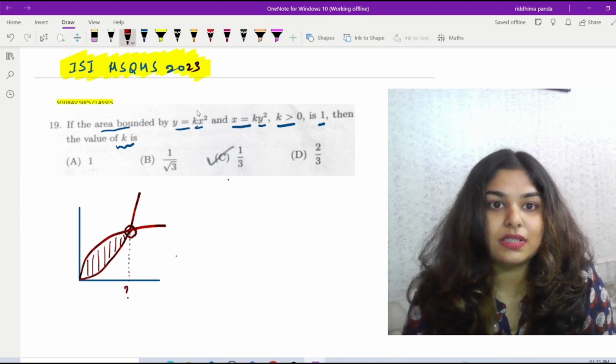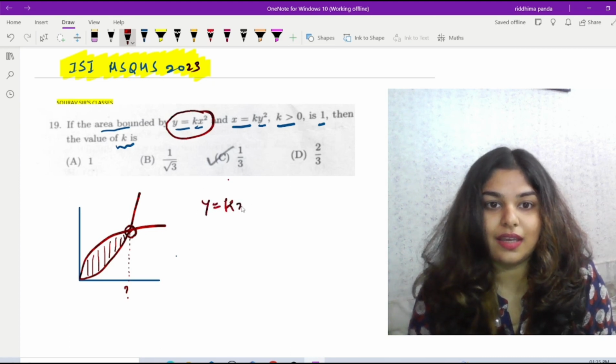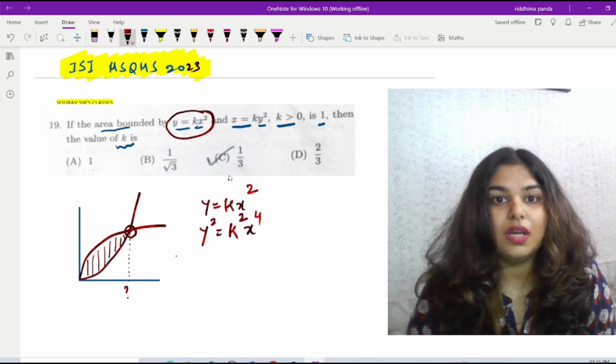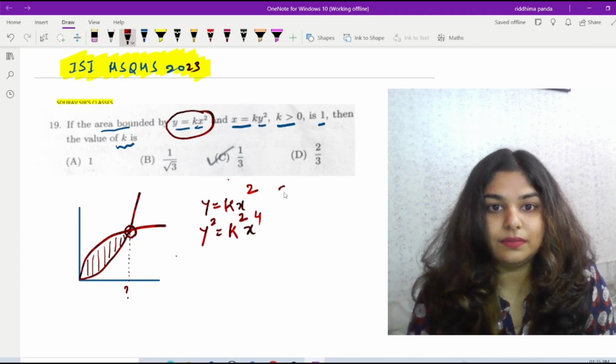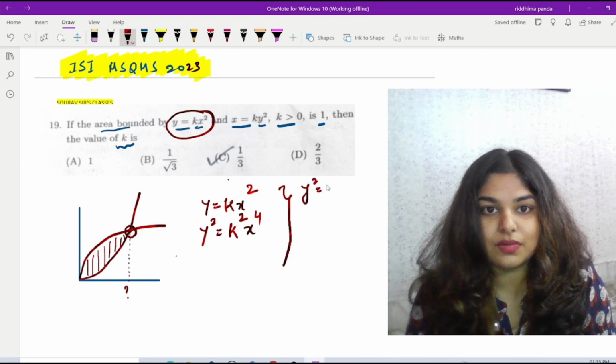For that, first let us take y = kx², so y² = k²x⁴. From the other curve we already have y² = x/k.